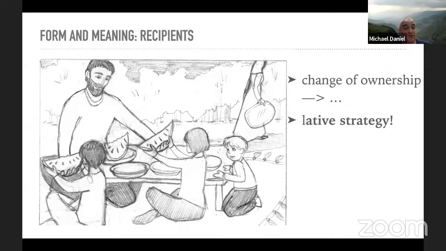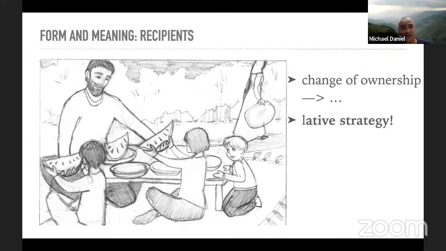And when I started to discuss this example with my Rutul consultant, actually maybe she's even here, Sveta Mahmudova, she explained to me that the exact sentence that the speaker used was that he gave these pieces of watermelon into the hands of his children, and the fact that he used "into his hands", for her, strongly suggested that the lative strategy had to be used. Why is it so? There is change of ownership. Why lative strategy?